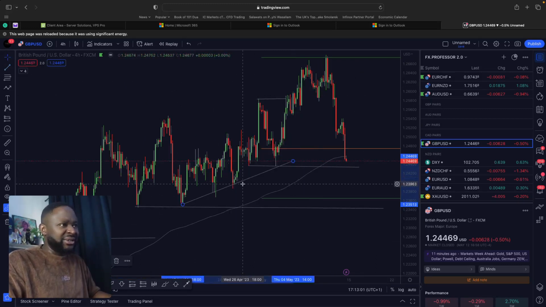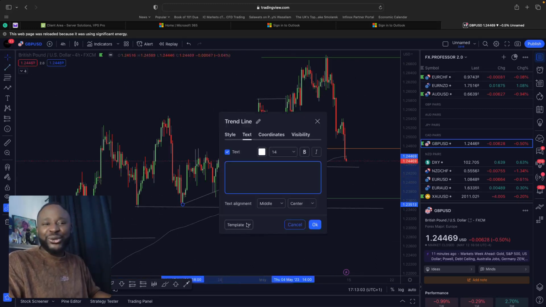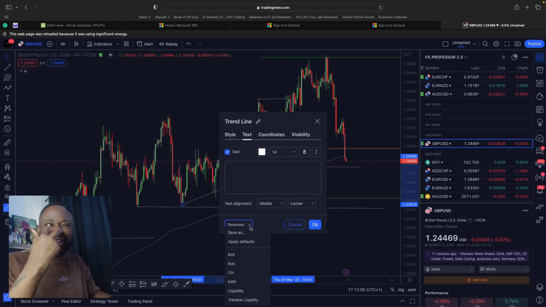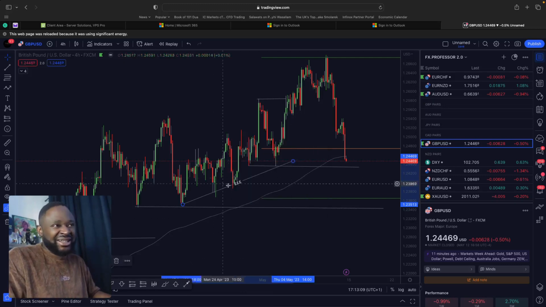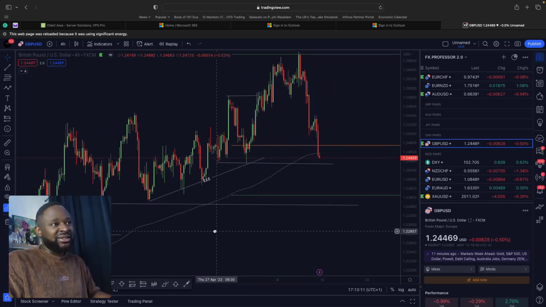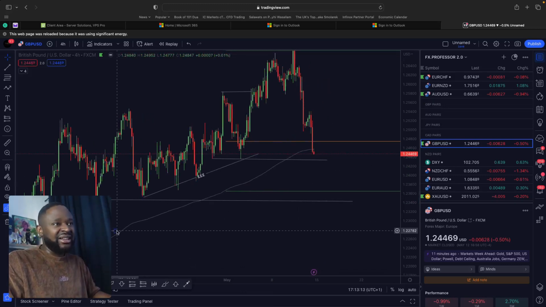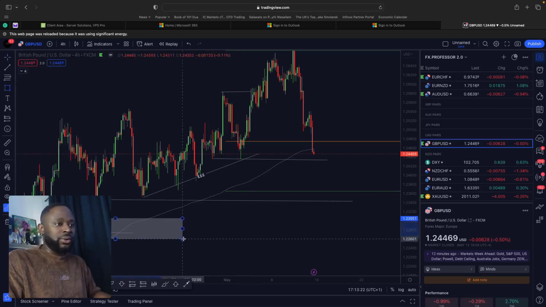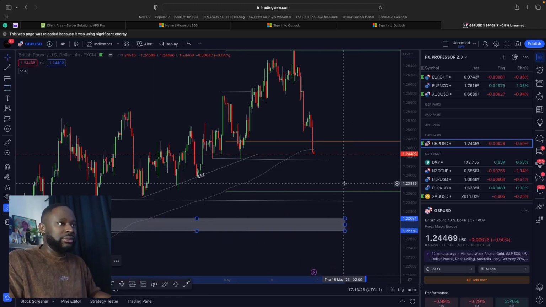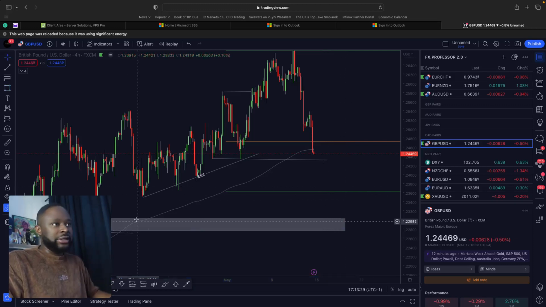Depending on how you look at the chart, you have to have that inner eyes to be able to see certain things. A lot of people might not look at this as a liquidity, but realistically, it's trend line liquidity. Okay, so let's see. Now we need to identify a point of interest. We have this, right? And also, let me take this out.